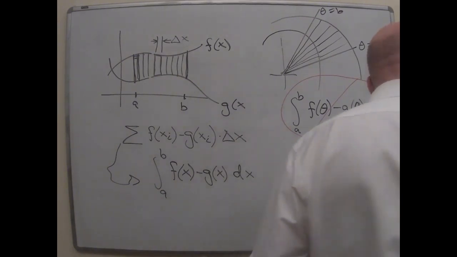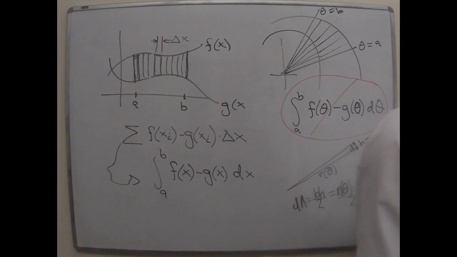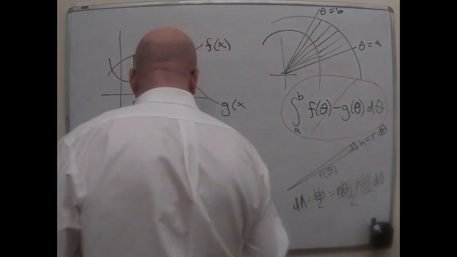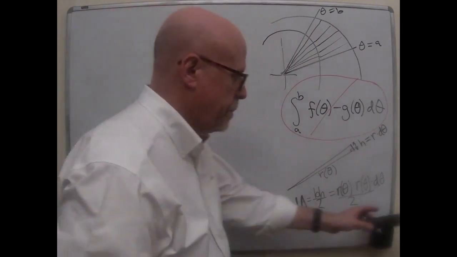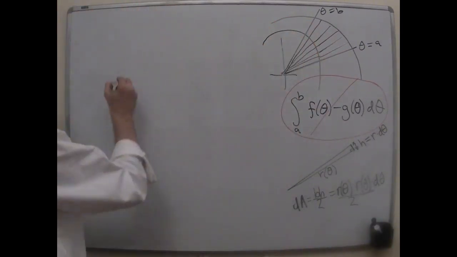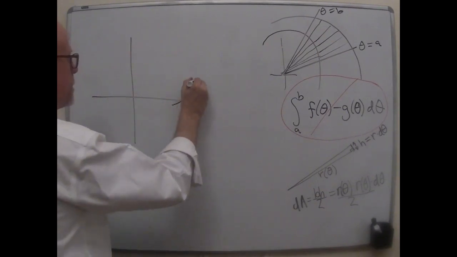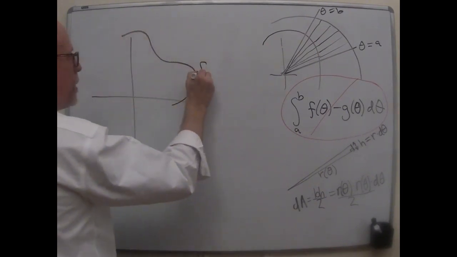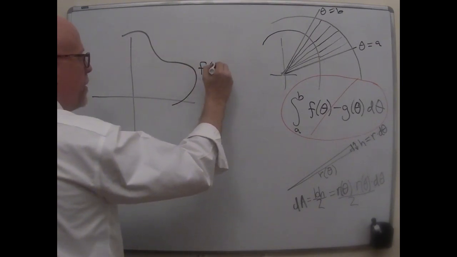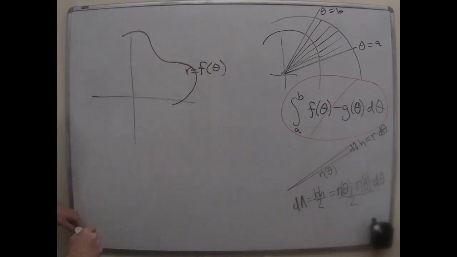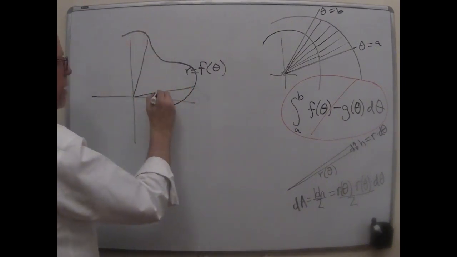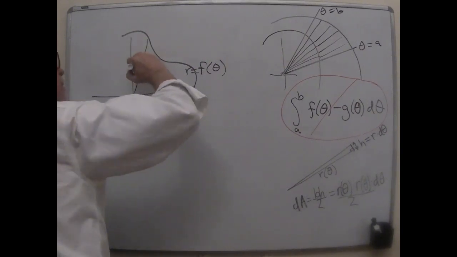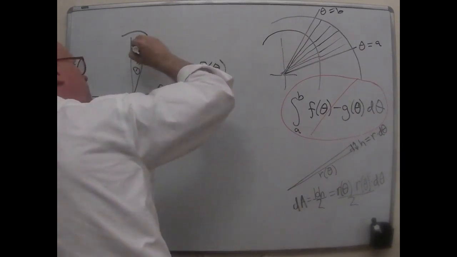So I think I'm ready to write out the actual formula for the area inside of a curve that's given in polar form. Suppose we've got our r is equal to f of theta, defining something, and again we're working between one value of theta, theta equals a, and another, theta equals b.